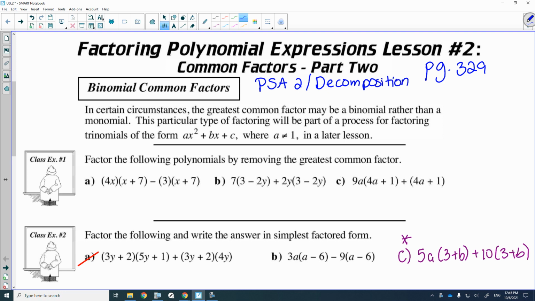When you did decomposition, you always got 4 terms. Okay, so 100% of the time when you do decomposition, you decompose that middle term, you're going to get 4 terms. If you see 4 terms, what it's called is group factoring.